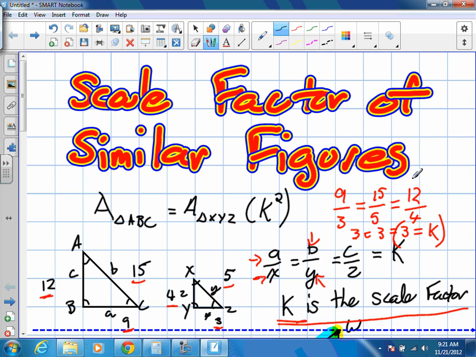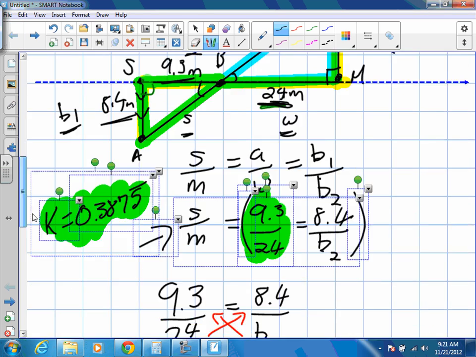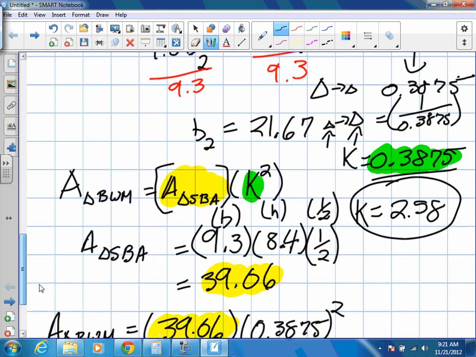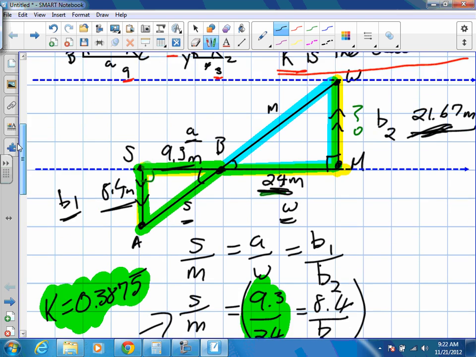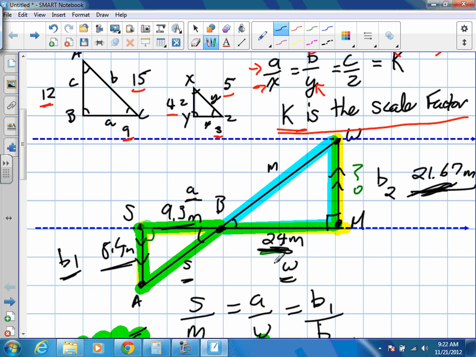We fixed our scale factor. This was not the one we should have used, because we were going from the smaller triangle to the larger triangle in this case. So we should have put in this scale factor, 2.58, plug that into the area formula, and that would have solved it. And we went above and checked with our previous information. We used the height and the width, and when we put that into the area formula, we got 260 meters squared, which was exactly what we found before.